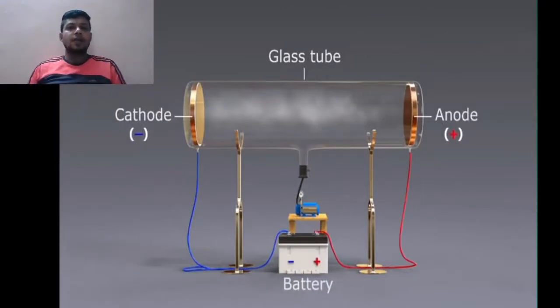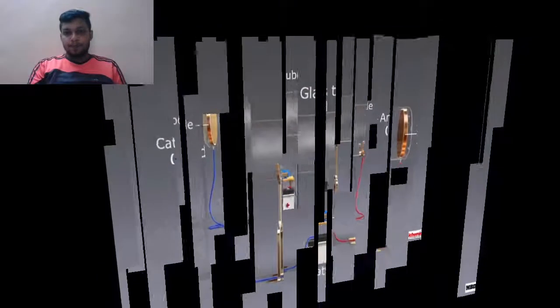Here you can see that this is the cathode, the negatively charged plate, and this is the anode, the positively charged plate, and this is the battery. This is a glass tube in which the pressure is maintained low using a vacuum pump.